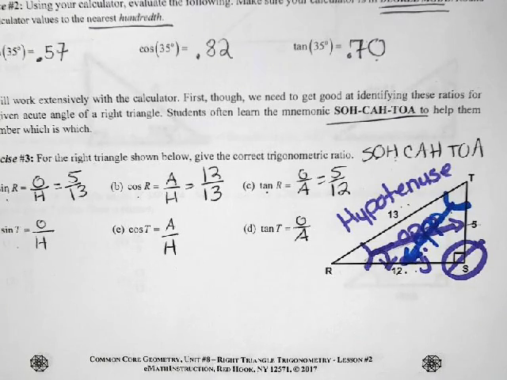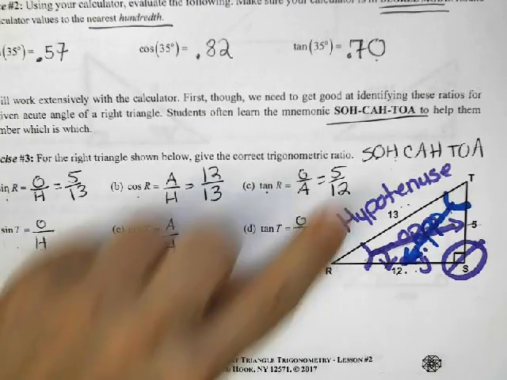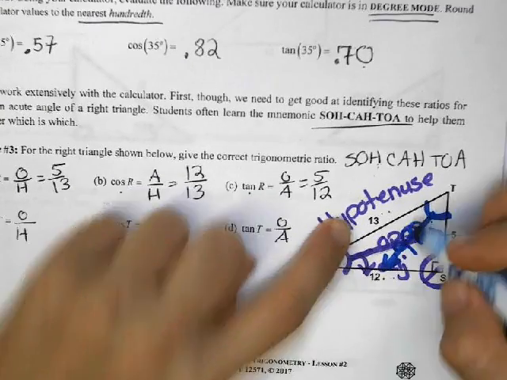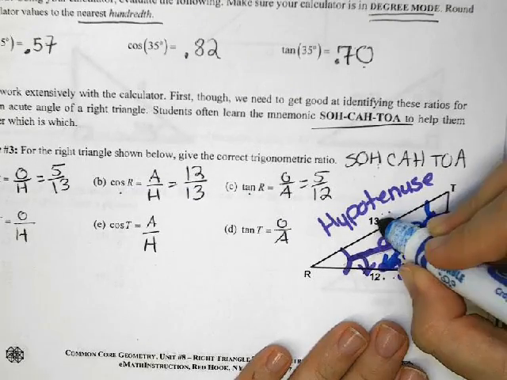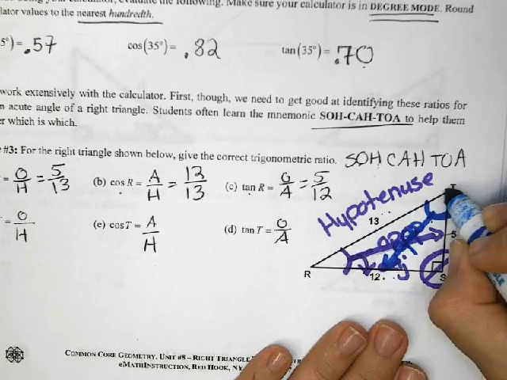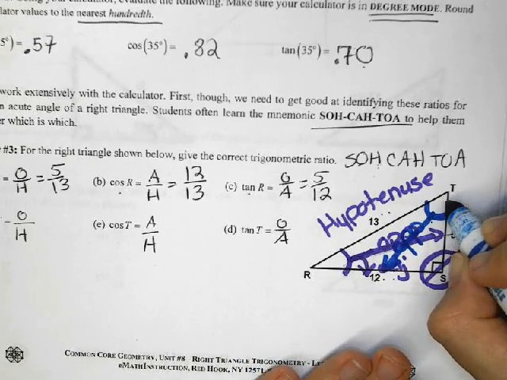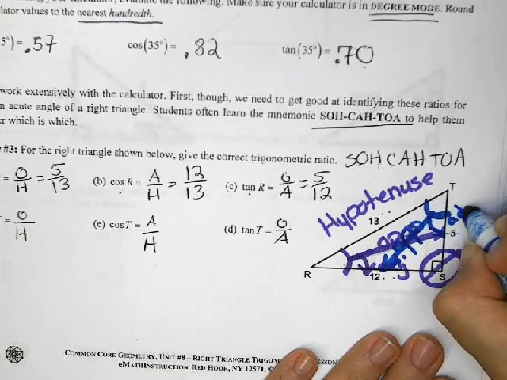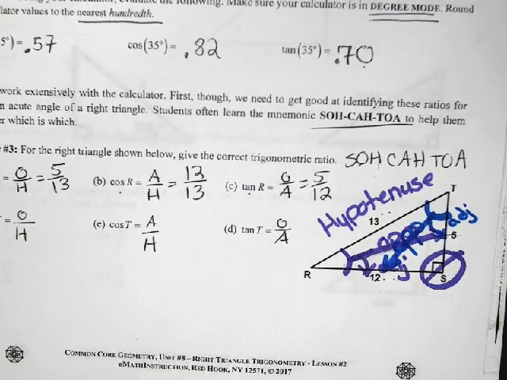Don't get tricked. 5. This is not going to change. Once we know where the hypotenuse is, it never changes. So even though 13 looks like it's next to it, that's automatically the hypotenuse. That's why it was the first thing that I labeled. This is the adjacent. So don't get tricked on that. That's the reason why I labeled the triangle first.